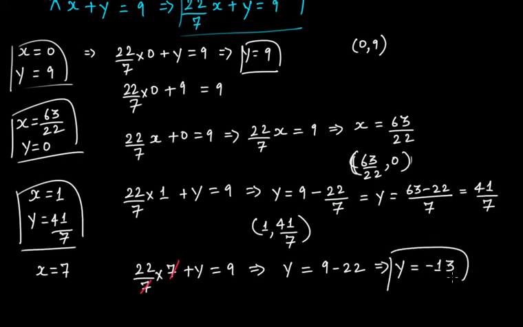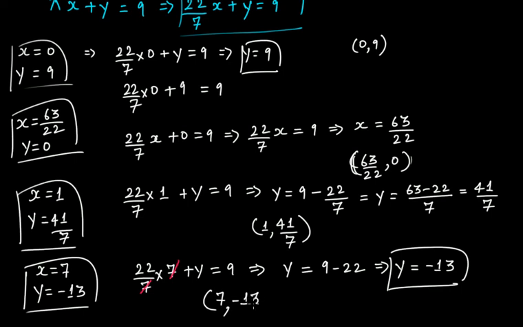When y equal to minus 13, then you have one more pair of solution ready, and that is 7 comma minus 13. This is another pair. So this is 1, this is 2, this is 3, this is 4, right?